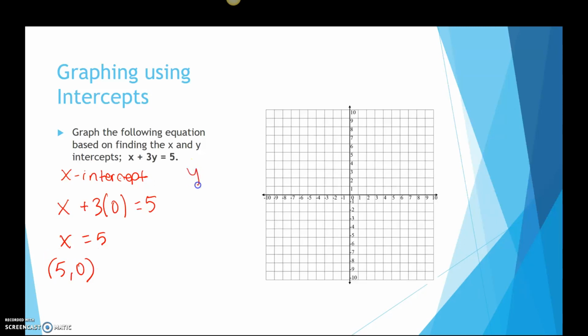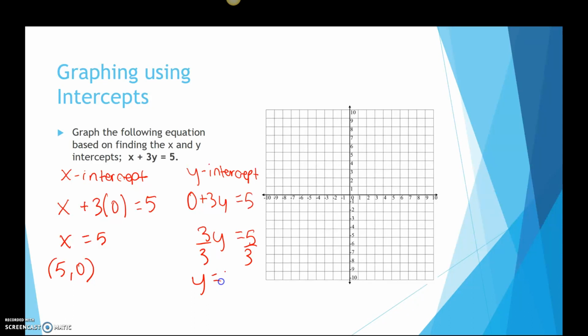For my y-intercept, we're now going to plug in 0 for x to find my y. So it's going to be 0 plus 3y equals 5. So I'm going to write this as 3y equals 5. I'm going to divide 3 to both sides.